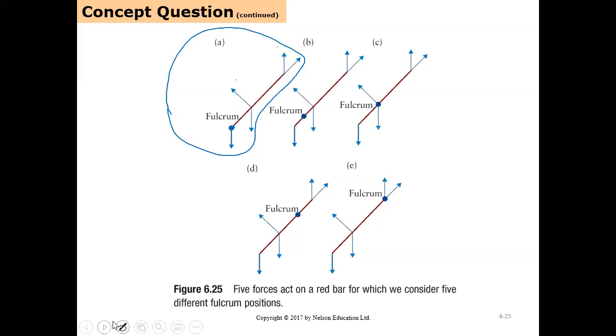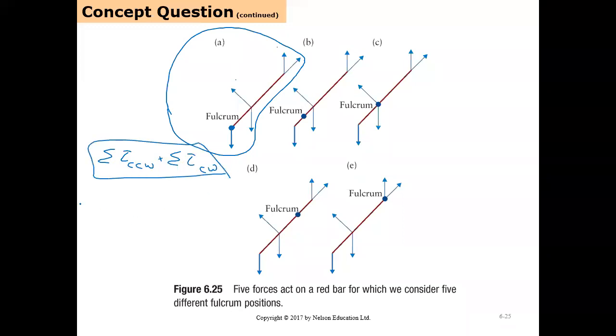Okay, right. So now, if something is to be in equilibrium, the net torque has to be 0. So you can group all the counterclockwise torque and group all the clockwise torque. If all the torques are counterclockwise, we cannot bring it into equilibrium because everything is positive.